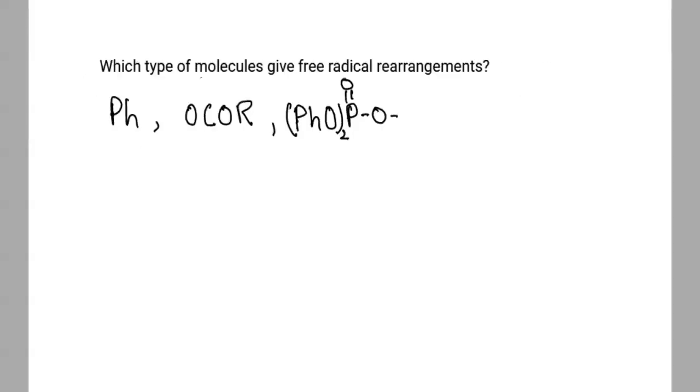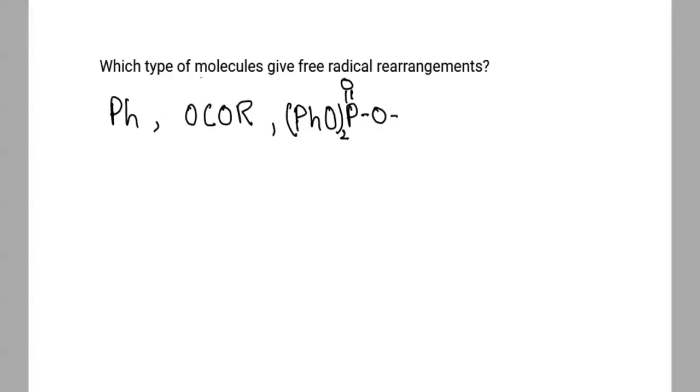As we know that free radicals are not generated under normal conditions or normal temperature. That's why free radical rearrangements are also rare as compared to nucleophilic rearrangement. So the question arises, which type of molecules give free radical rearrangements?